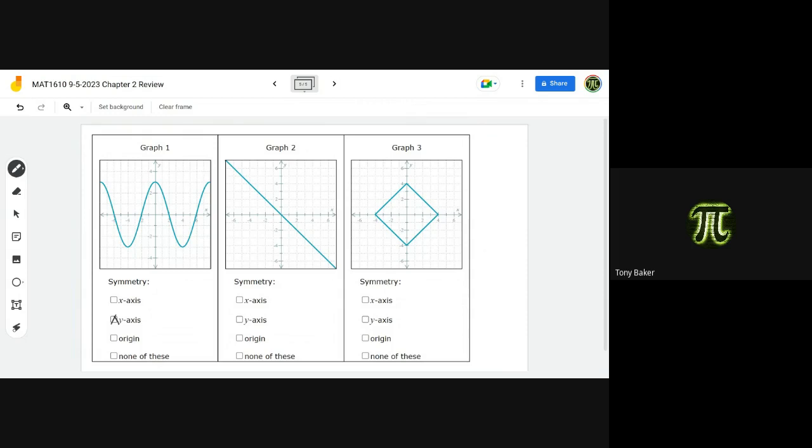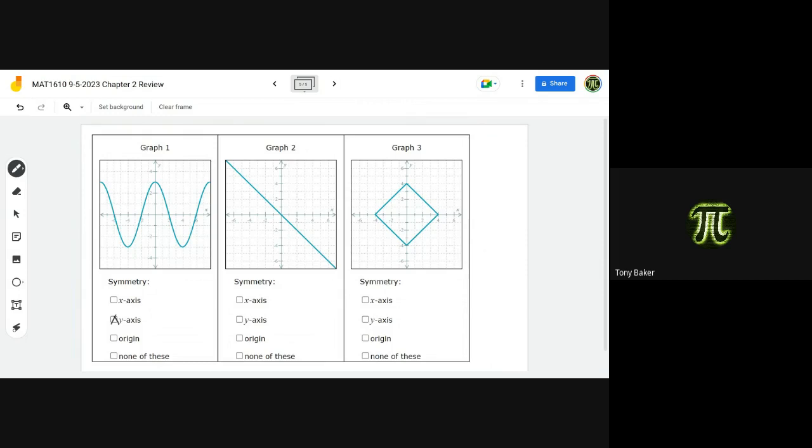Even functions are symmetrical across the y-axis. Basically, an even function means that the negative value of x and the positive value of x will give you the exact same y value, which means it's symmetrical across the y-axis. So the cosine function is an even function because it's symmetrical.